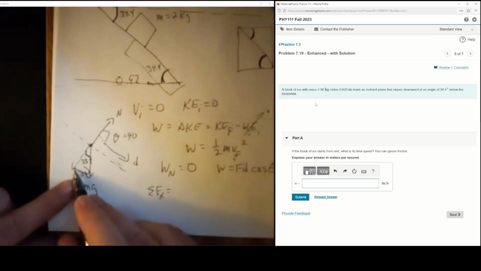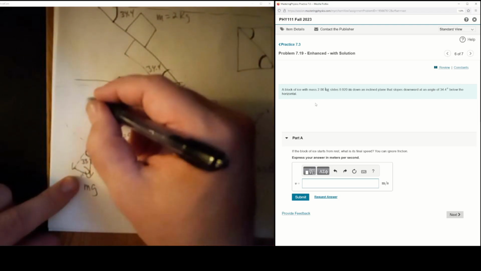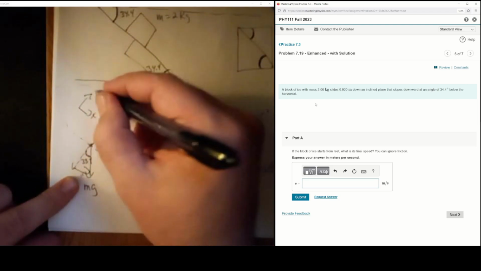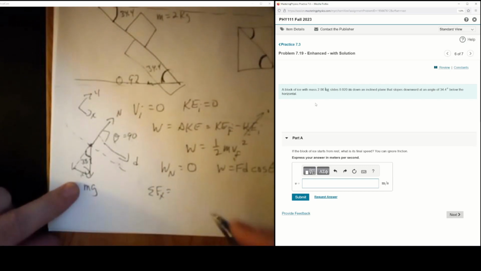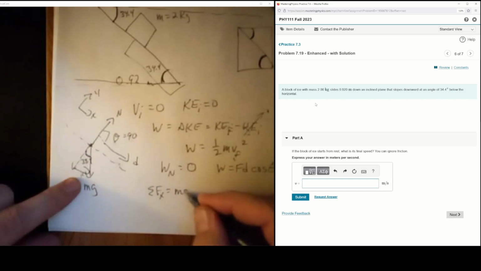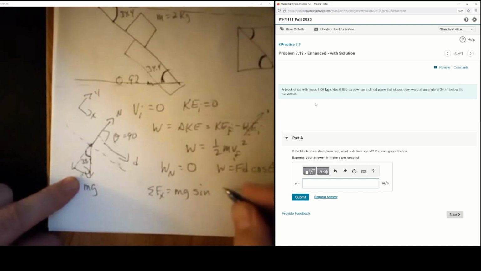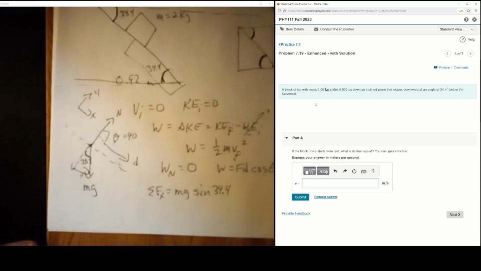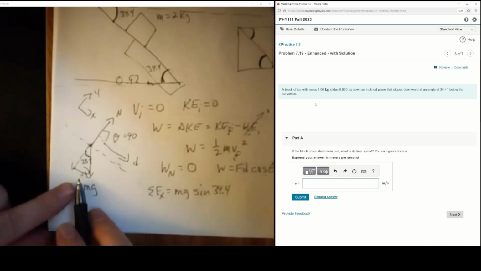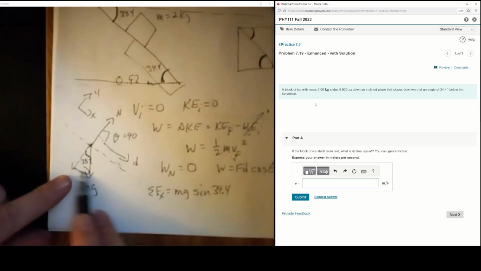So in the x direction, positive, we'll use an angled coordinate system like this where positive x is to the right. And that component, the opposite component, we'll get from sine of our angle there, 34.4. And that's the only sum in the x direction. It's the only force.